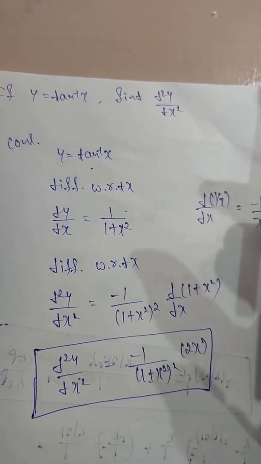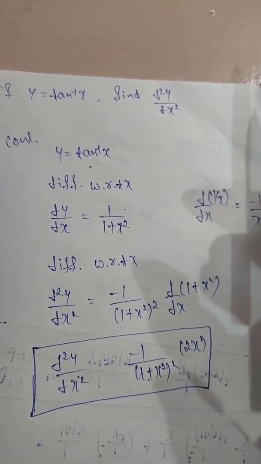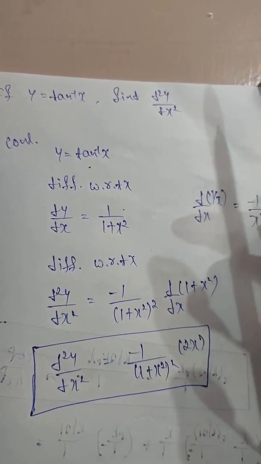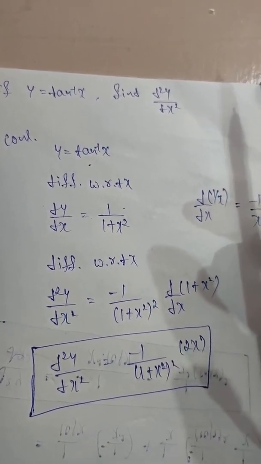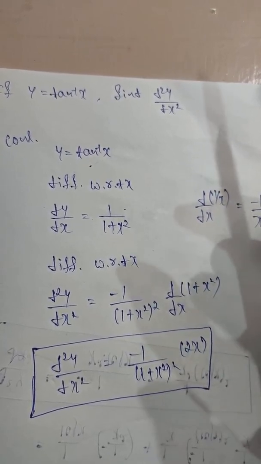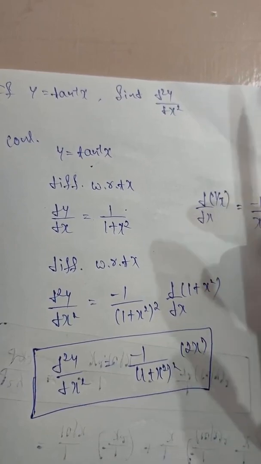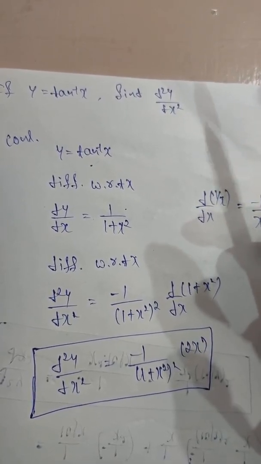Only write down the questions and solve the problems without seeing the notes or this video. Then see how perfect you are in this concept. If you do any wrong, don't bother.